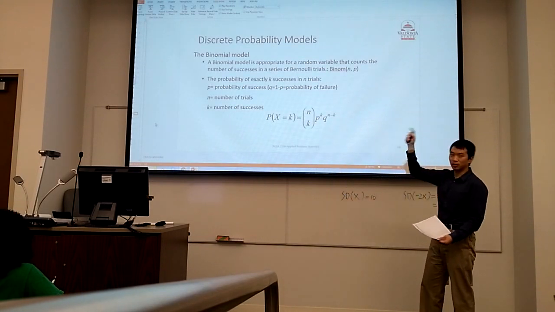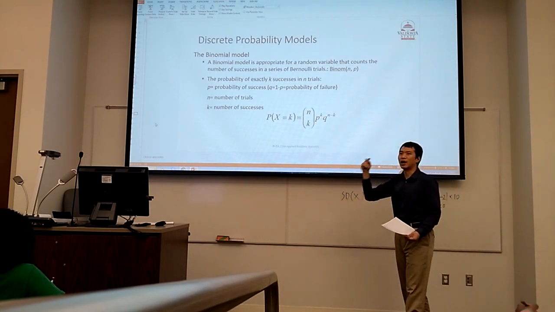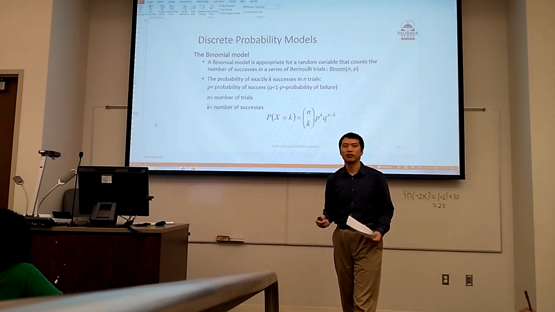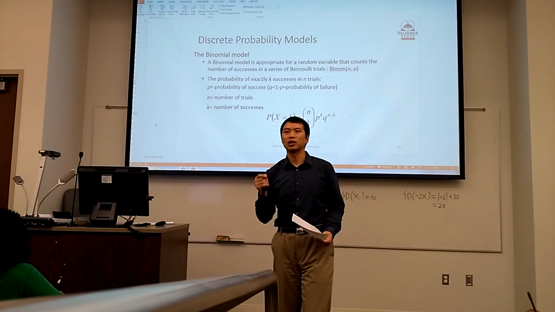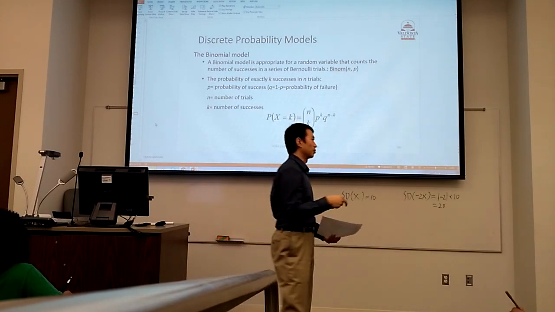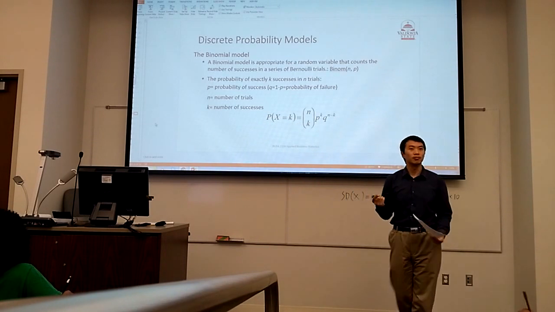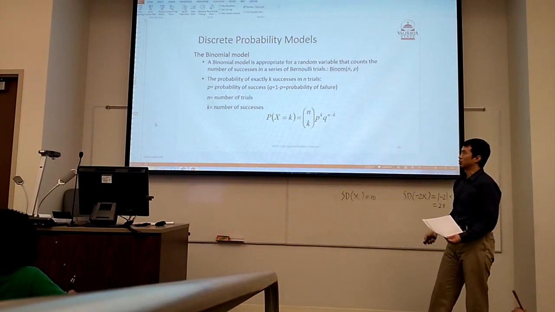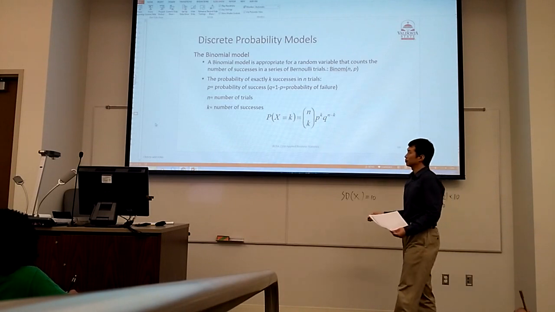And p is still defined as the probability of success. What's the probability of getting a head? What's the probability that the salesperson closes a deal? Those are the two parameters for the binomial distribution or model.